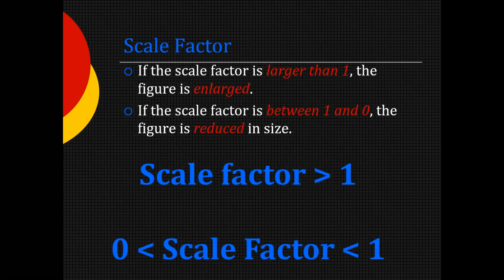Now, if the scale factor is between 1 and 0, what type of numbers lie between 1 and 0? If a number is less than 1 but more than 0, what type of number is that? Decimals or fractions. No, negatives will be after the 0, right?